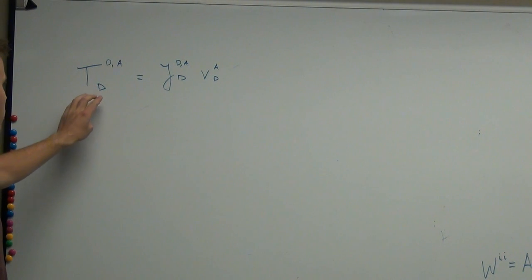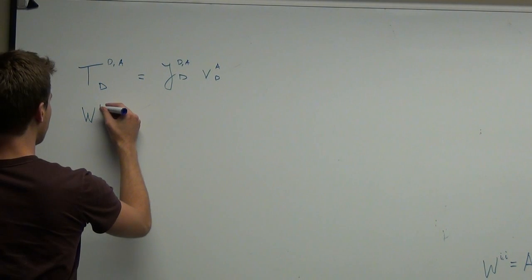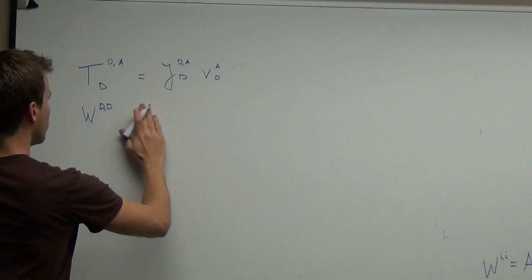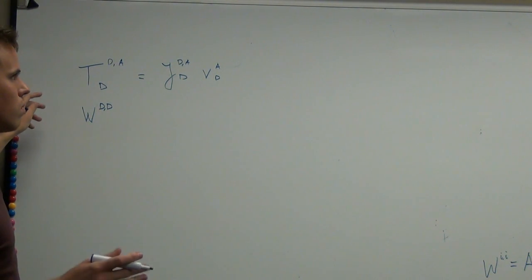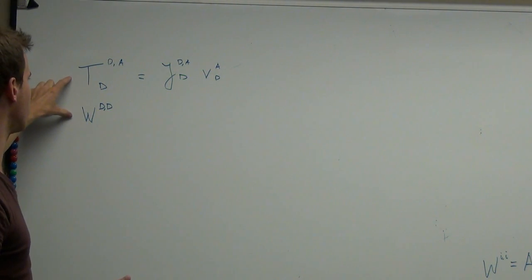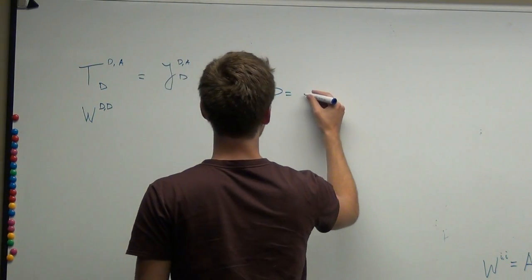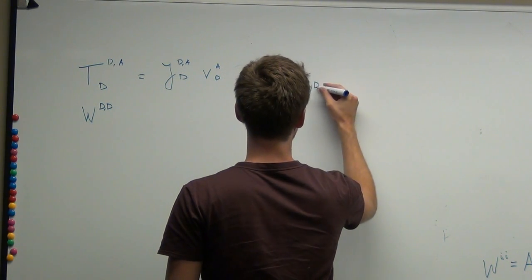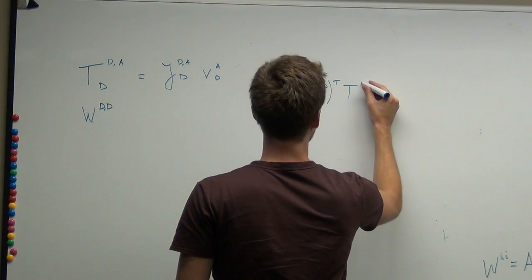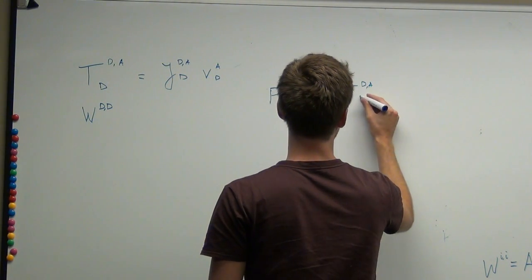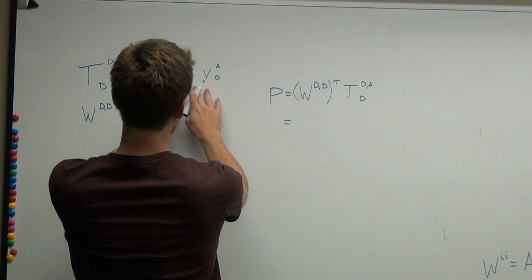So suppose we have this twist, and we have a wrench that's exerted on D. Then the power associated with this couple of a wrench and a twist is P equals W D D transpose times the twist of D. And then let's substitute this in.